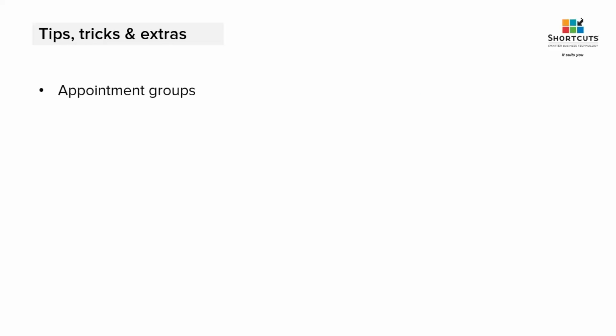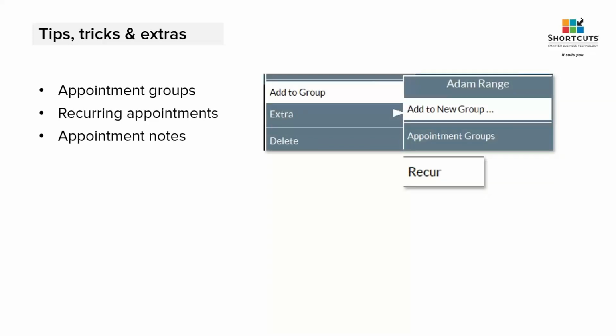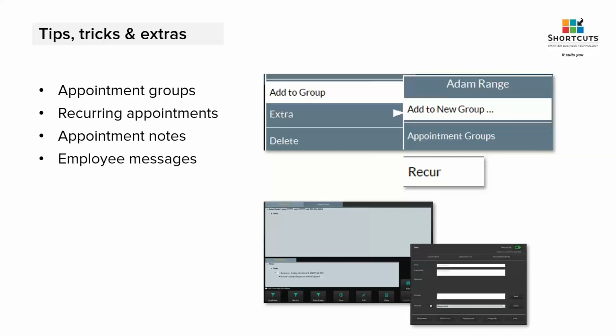So some of the extras that you can do. I mentioned that on the touch tip, you do have the ability to arrive clients and to check them out. You, of course, have the ability to group clients. From the appointment book, you can right-click and add those customers into a group.